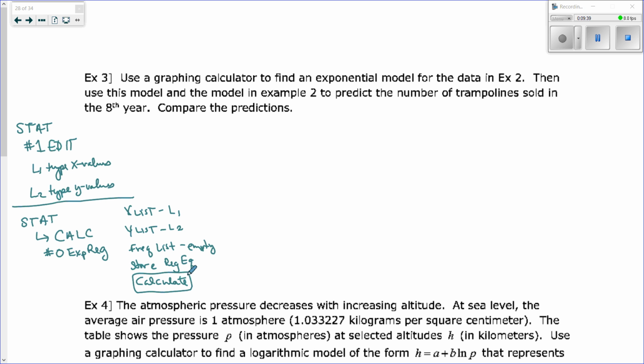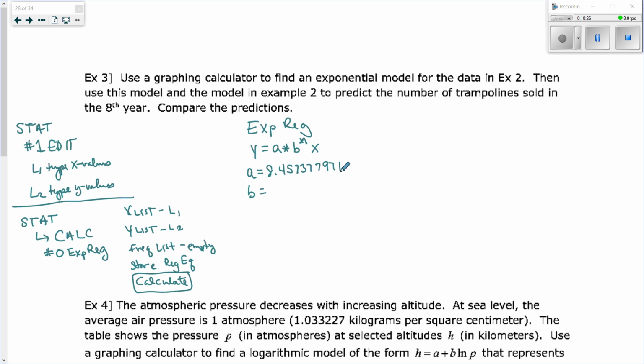And then when you do that, you get a window that looks like EXPREG. You'll get all these funny values. You'll get Y equals A asterisk B to the X. Actually, I think it's just caret X. And then you'll get a value for A and a value for B. You get 8.45737971.